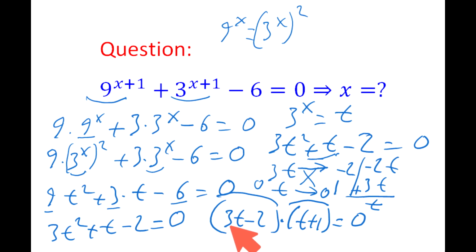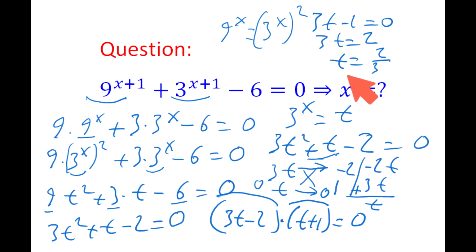So if 3t minus 2 is 0, then from here we have 3t as 2, divide both sides by 3, so we have t as 2 divided by 3, guys. This is one case. And the second case is, if t plus 1 is 0, then t is negative 1. This is the second case.